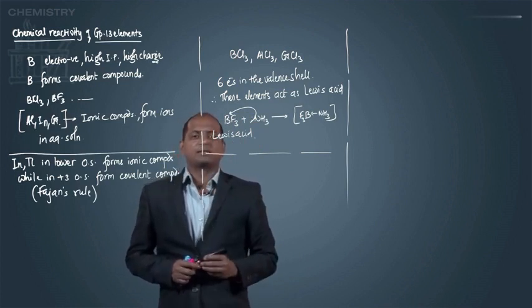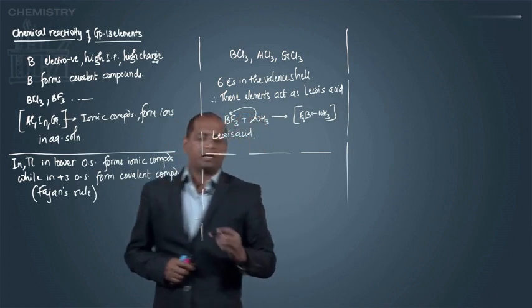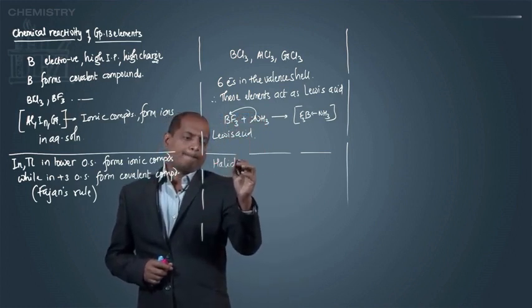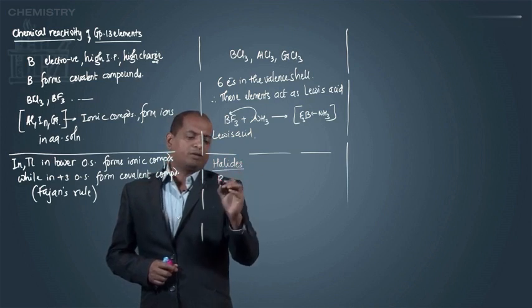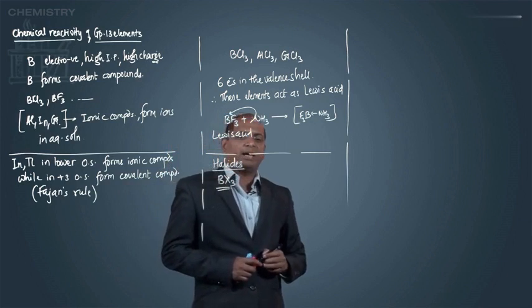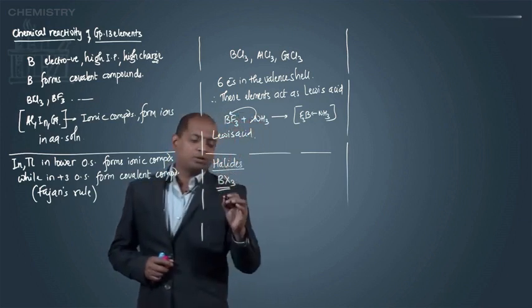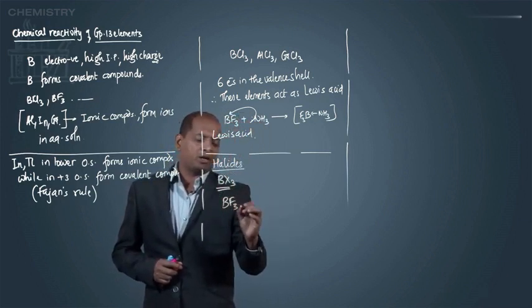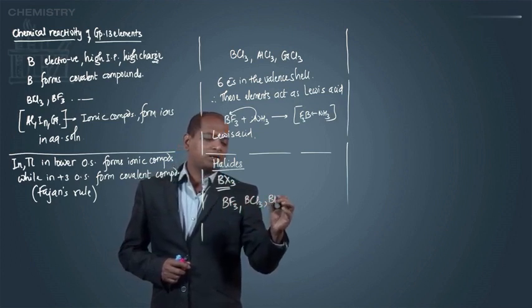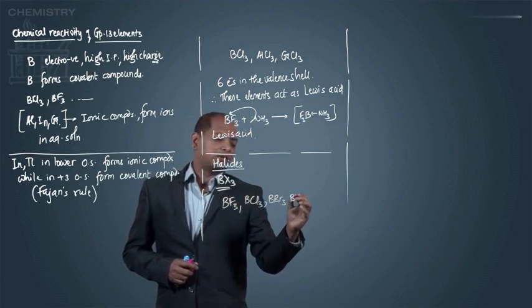So, now we will discuss something about boron halides. So, first of all we will talk about BX3, that is boron halide. Boron halides are discrete molecules. So there is a formation of BF3, then BCl3, BBr3 and BI3 also.